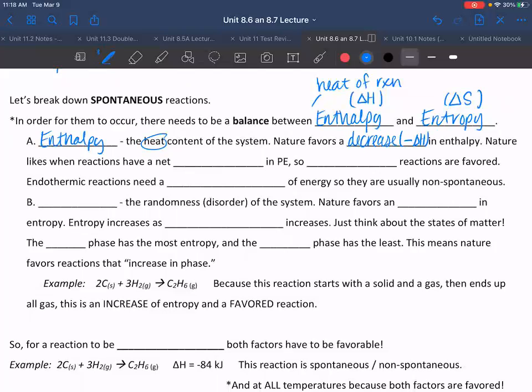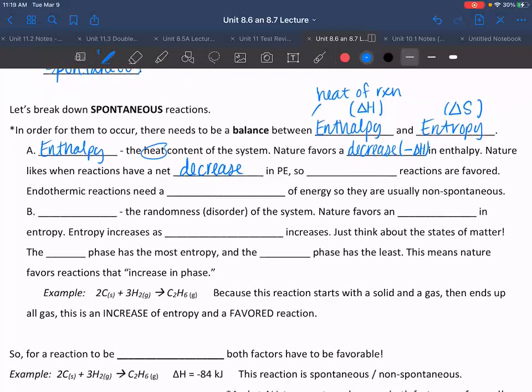We're going to use this word again: nature likes when reactions have a net decrease in potential energy. If we're decreasing the potential energy, I'll draw a PE diagram up here real quick. What type of reaction is this? Exothermic.